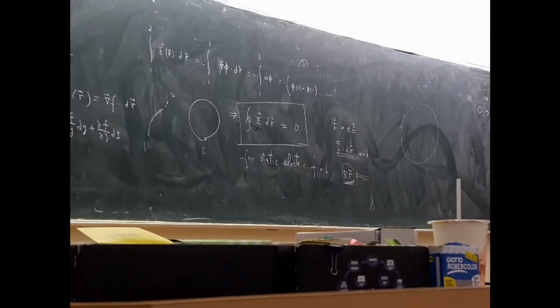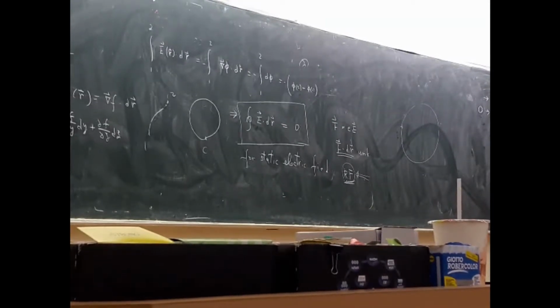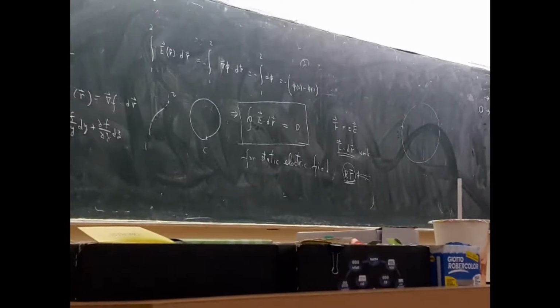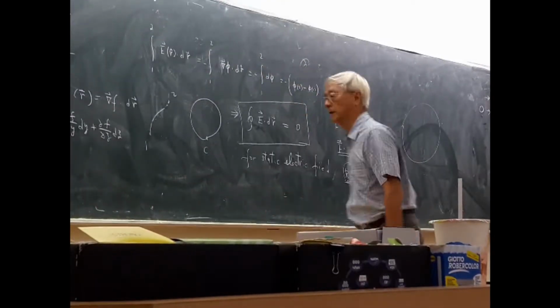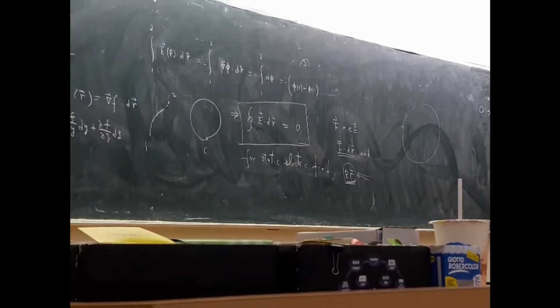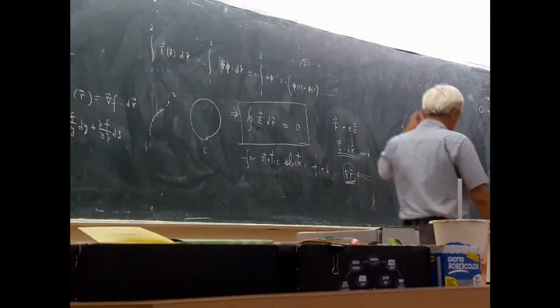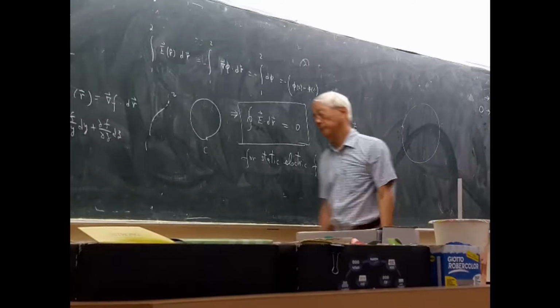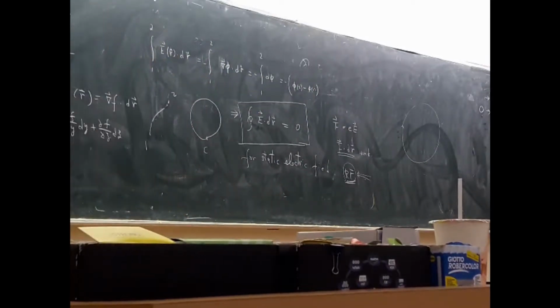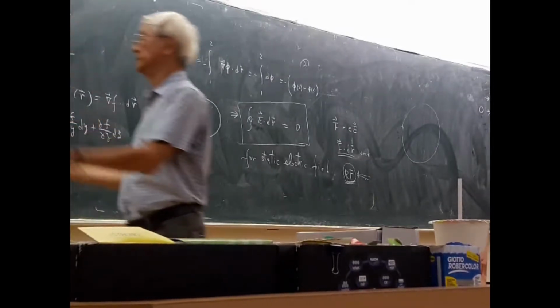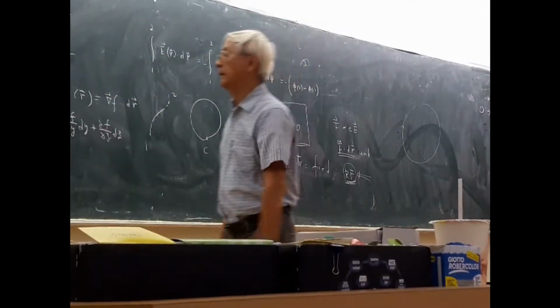It is the determinant with partial x, partial y, partial z, and Ex, Ey, Ez. That's the so-called curl of E. Sometimes we might also see the notation rot E, the same thing. It's curl.